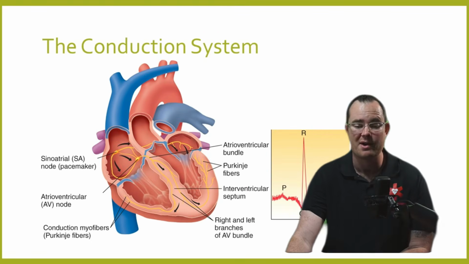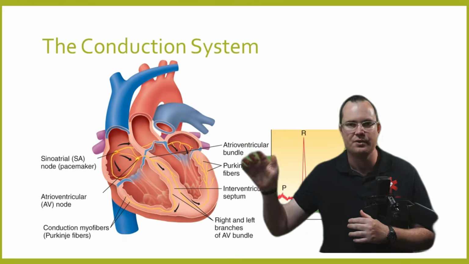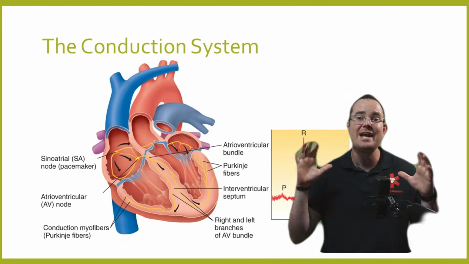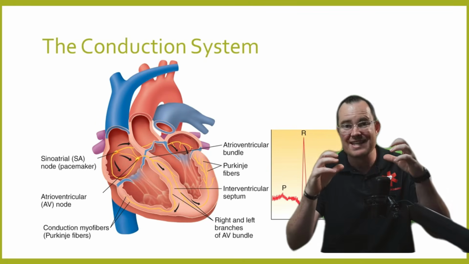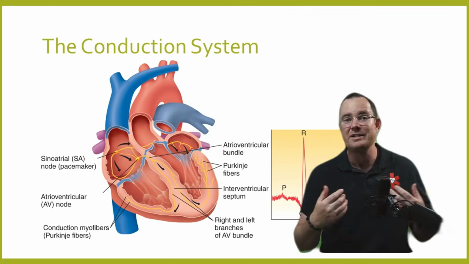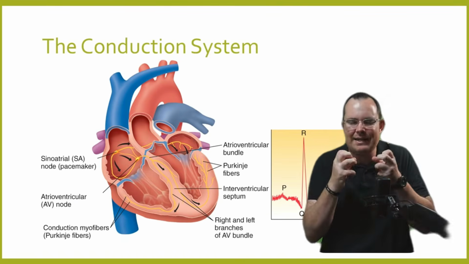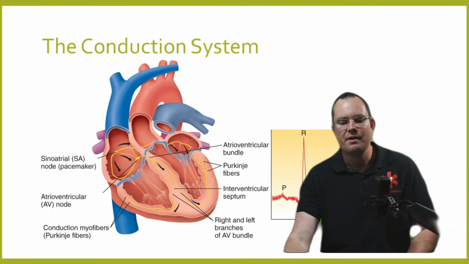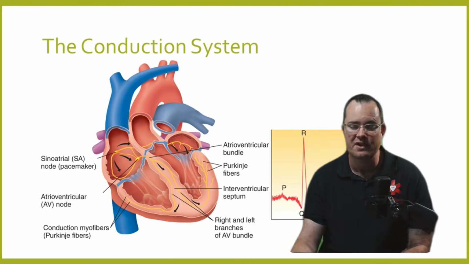Even though it starts in the right atrium, it still conducts over to the left atrium as well. So when the atrium contracts or depolarizes, both sides of the atrium contract together. By doing so, it pushes blood and it makes those heart chambers tighten up. That blood drops through their respective valves into the ventricles.